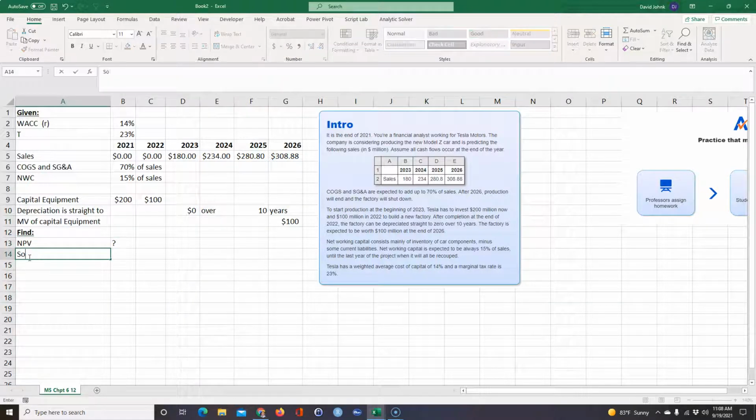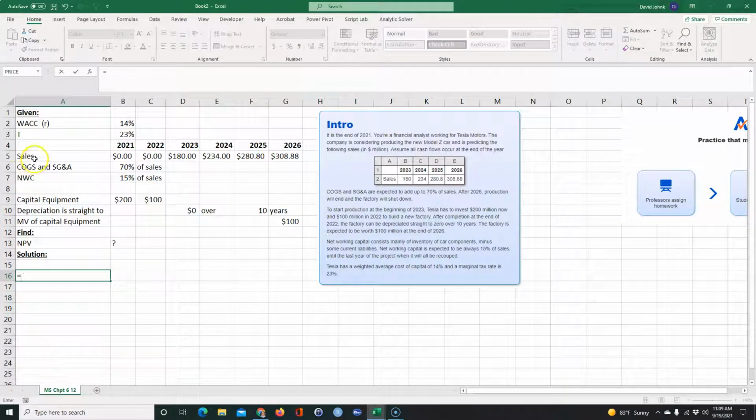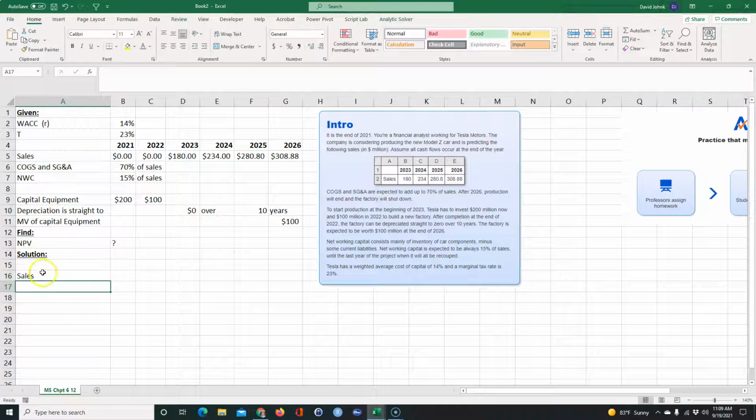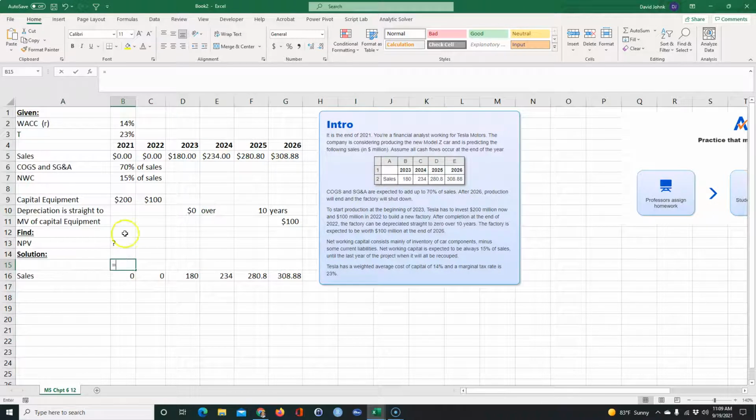So to start out with, let's just go ahead and model. I guess what I'll do, I'm just going to go equals this, and then bring it across. And then here I'm going to go equals this, and bring it across.